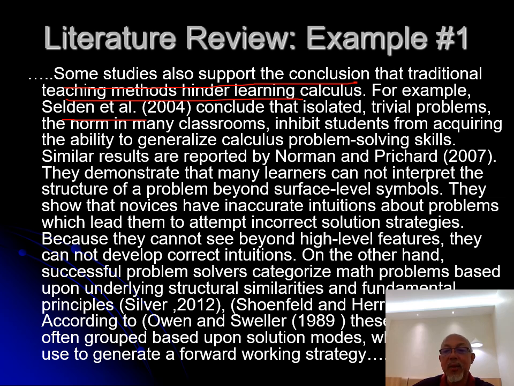This is maybe taken from the annotated bibliography. And then Norman and Pritchard, what did they do? They demonstrated this. Because Selden and Norman are similar, you have a connecting word: similar results are reported by. It is important to have this. If you do not have this, it becomes just Selden did this, Norman did this.